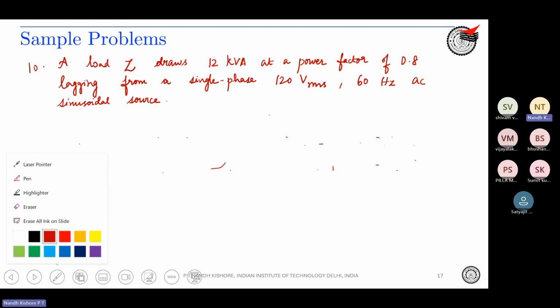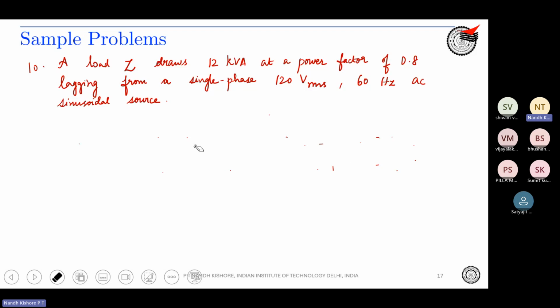So they have given the supply voltage, the power factor and the apparent power.